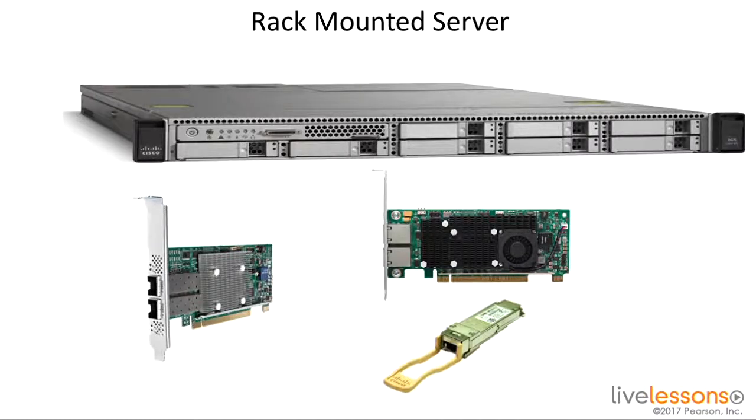So for instance, if I wanted to add more network adapters, I could do that. If I wanted to add more video capability, I could do that. If I'm using a network adapter, a lot of times I don't know what types of media I'll find in the data center, so I'll use a transceiver to plug in that network adapter and then connect to the switch at the top of the rack or at the end of the row inside of my data center.